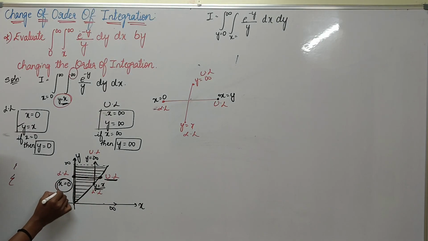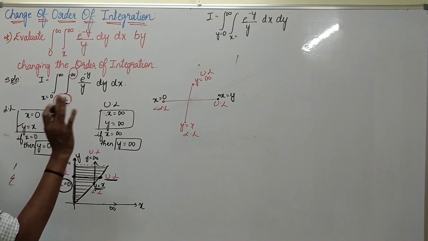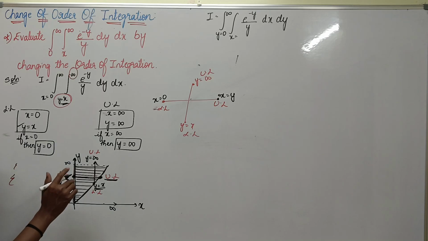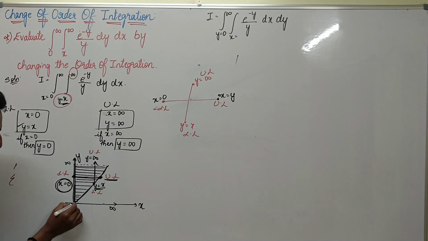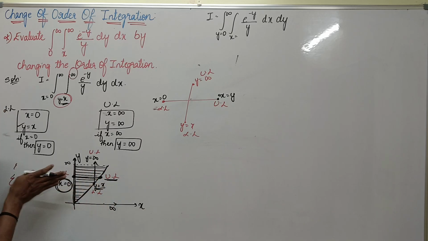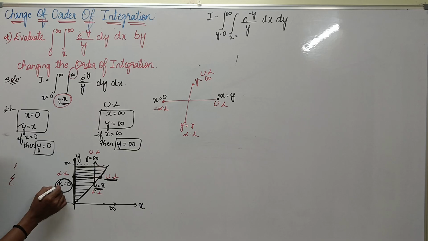Why? Since the initial line is x equal to 0, based on this we are going to consider the representation. So why are we not taking infinity? Because this infinity goes up to the intersection part. So the initial line starts from 0, and goes in which direction?